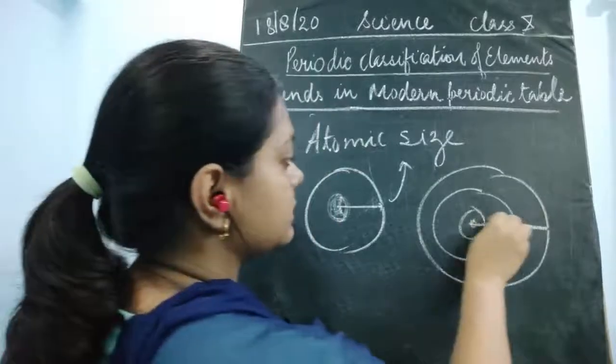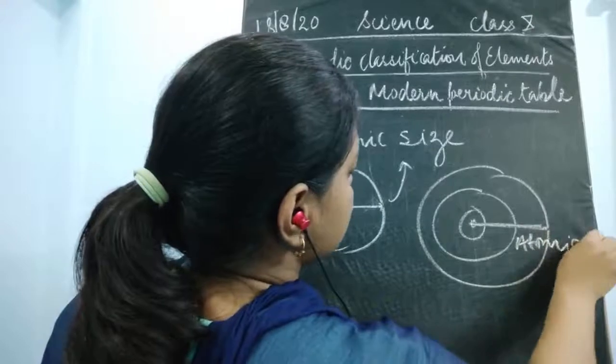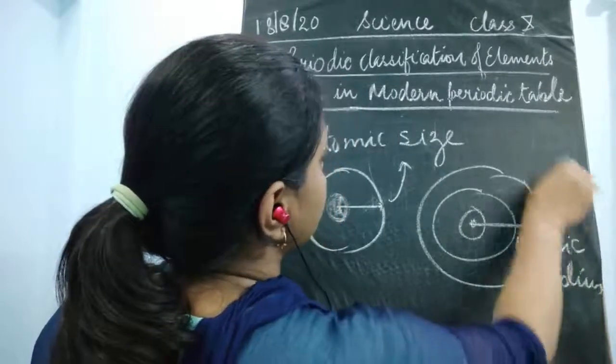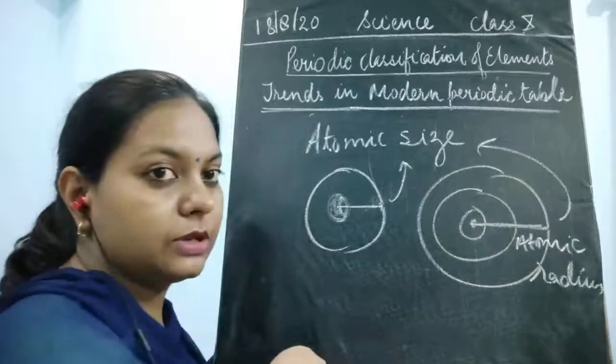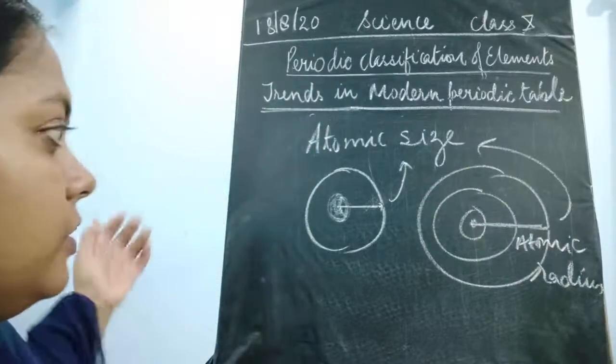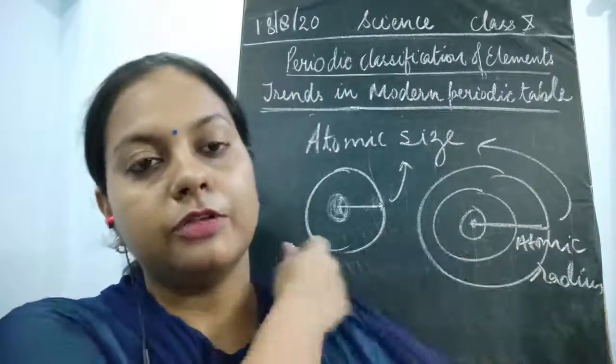This gives us the atomic radius, which is also equal to the atomic size. So we have to calculate this atomic size from the center of the nucleus till the outermost electron.